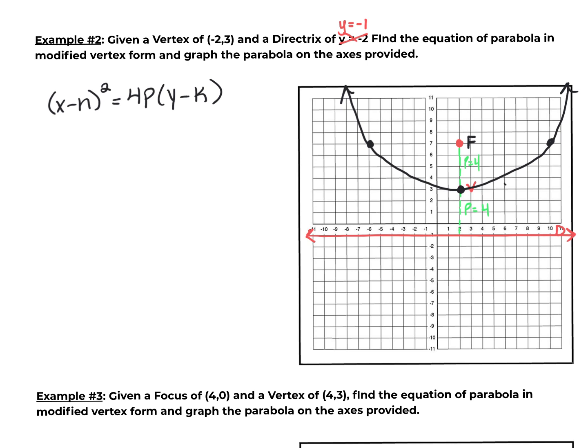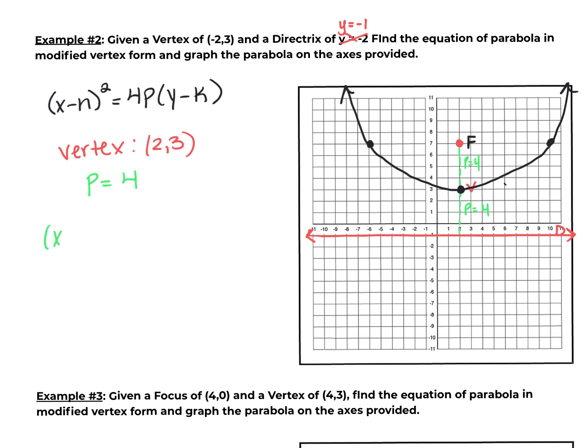So let's put all this information now into my modified vertex form. From the graph, we can read that my vertex is the point 2, 3. And we have a p-value of 4, and it's positive 4 because the parabola is opening upward. And that's honestly all we need for our equation. So let's go ahead and plug in.